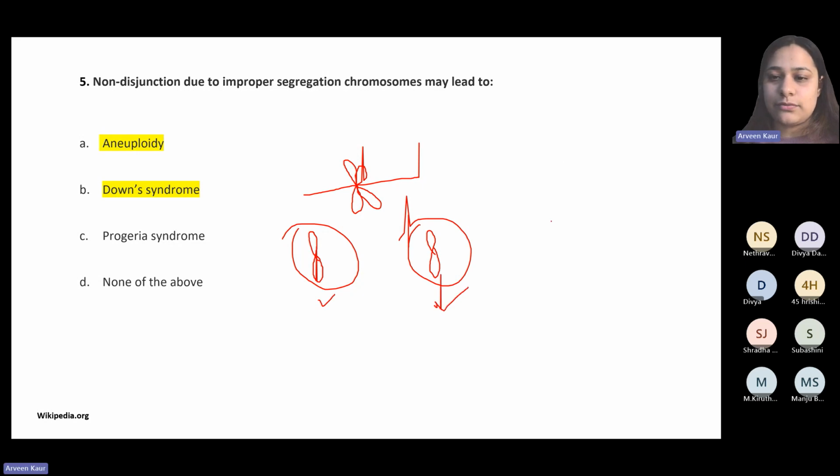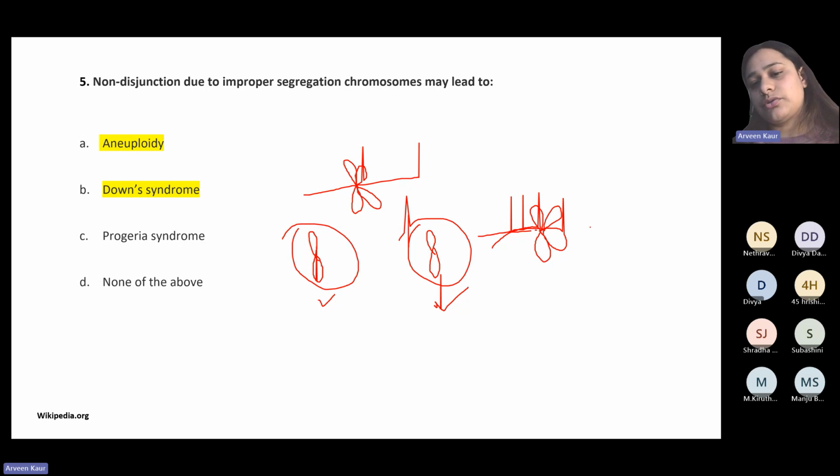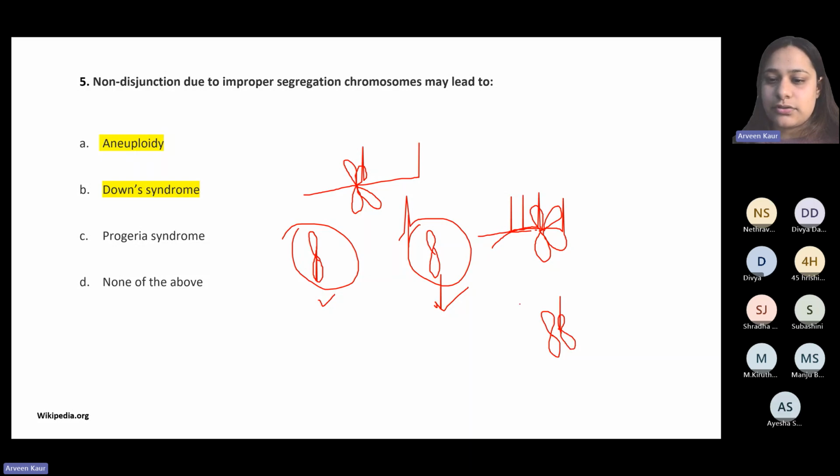So this would be a proper segregation, right? Sometimes what could happen is that due to some error, maybe in the spindle attachment or maybe in the centrosomal pulling mechanism, both the microtubules, the kinetochores, attach to the same pole. In that case, two of the sister chromatids will get pulled to one end and there will be nothing on the other end.